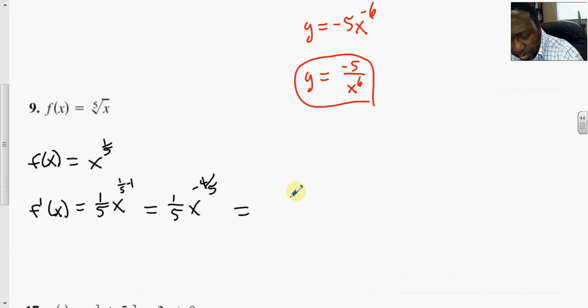So you can write this as 1 all over 5, that's the 5 here, times x to the 4/5.